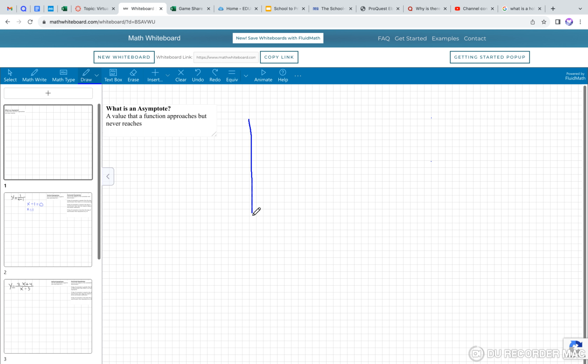So basically, if we make a graph, the y-axis and the x-axis, we might have a function that looks something like this. We can see that as the x value approaches infinity, or keeps getting larger and larger, there is some line that it is approaching.